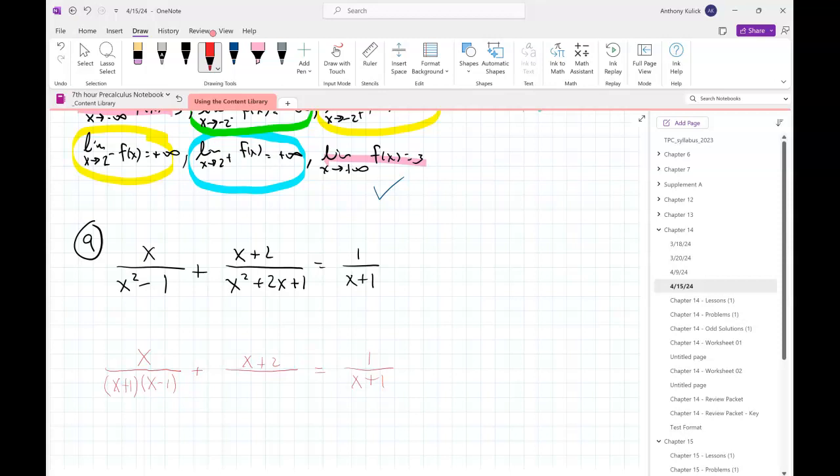Who can tell me how x squared plus 2x plus 1 factors?